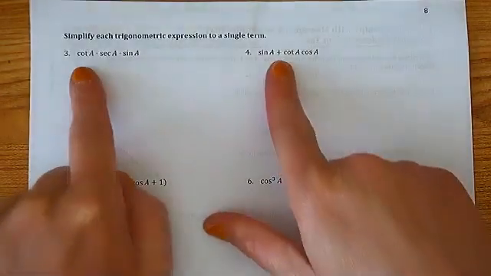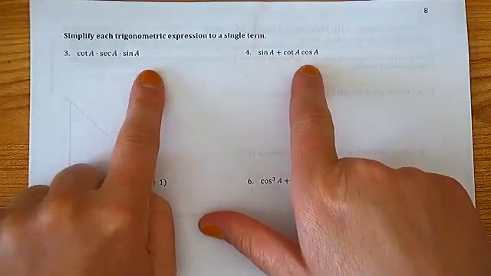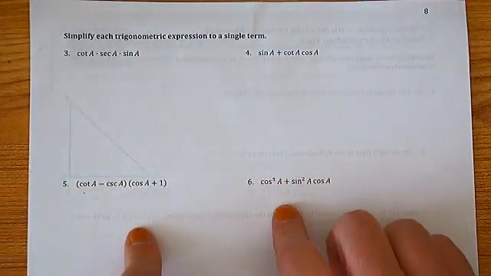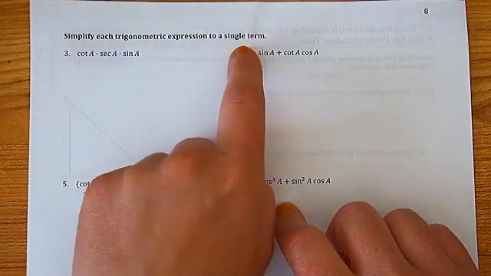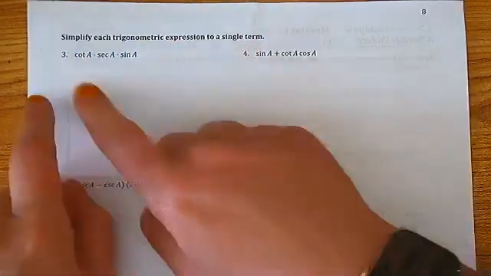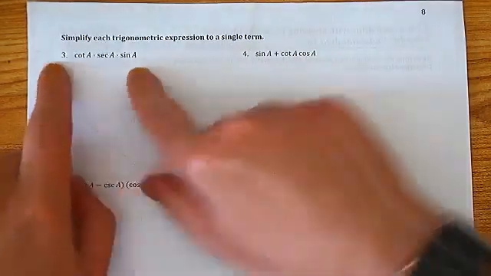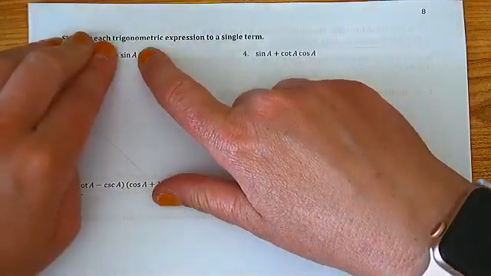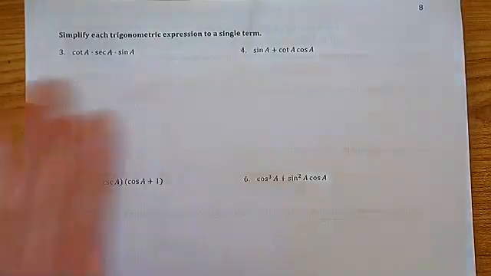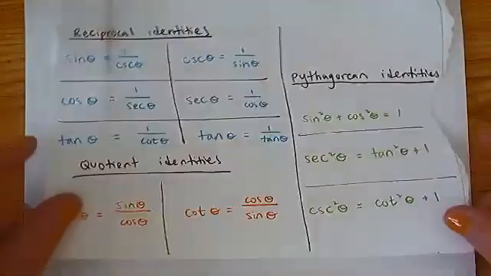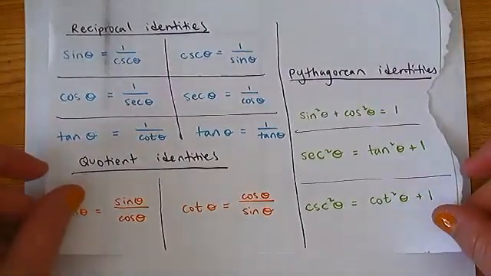Do you see how you have multiple terms, or multiple trigs? What we're going to be doing is simplifying each of these so that it's a single term. I'm basically going to turn all of this into just one of these. That's it. The way that we do that is with our little cheat sheet here and substitution.